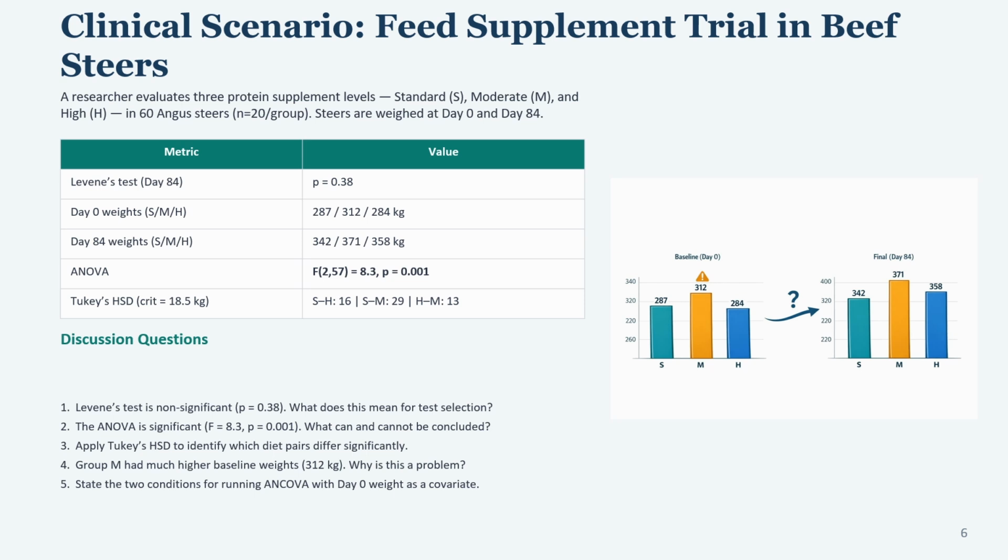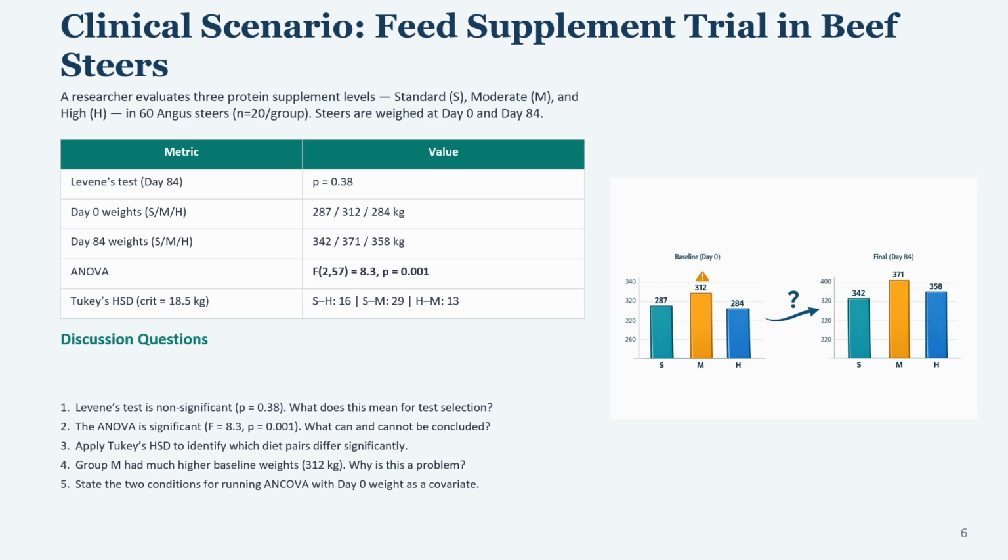The baseline weight difference creates the appearance of a supplement effect that may not be real or may be smaller than it appears. ANCOVA, with day 0 weight as a covariate, will adjust each group's final weight for where they started, producing a fair comparison of the supplement effect independent of baseline differences.